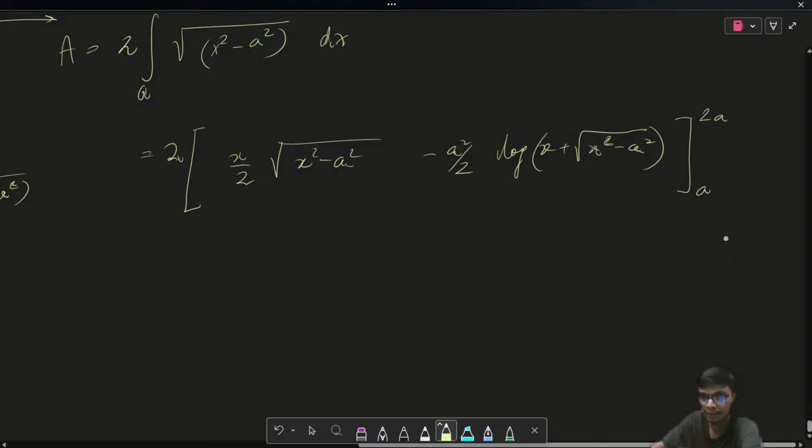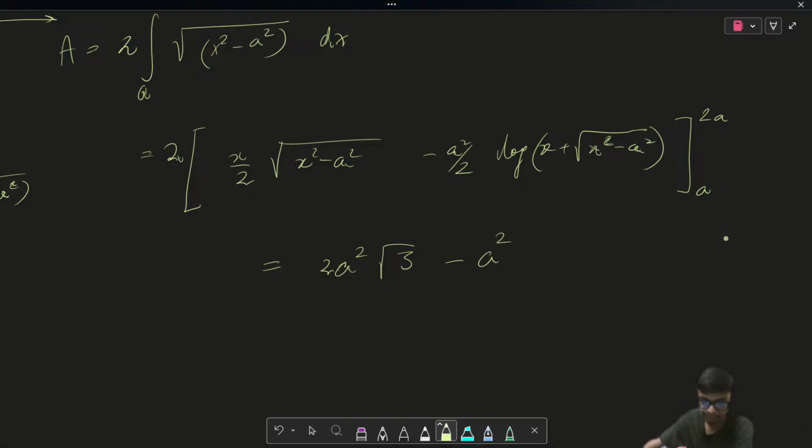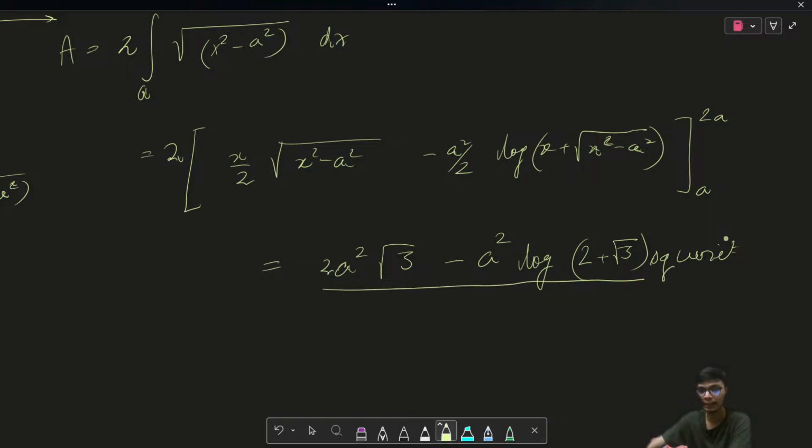Note that the limit of x is going from a to 2a. If I put these values in and solve, finally the answer is 2a squared root 3 minus a squared log of 2 plus root 3 square units. So this is the ultimate area.